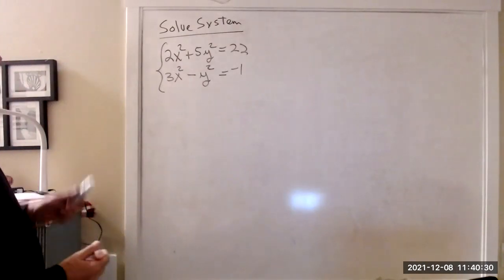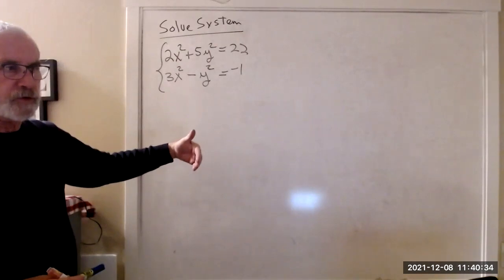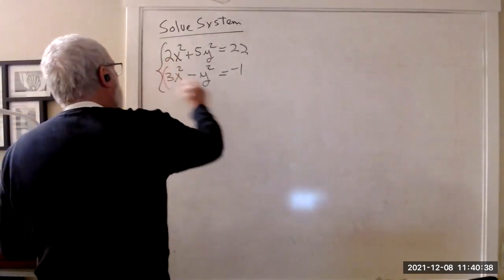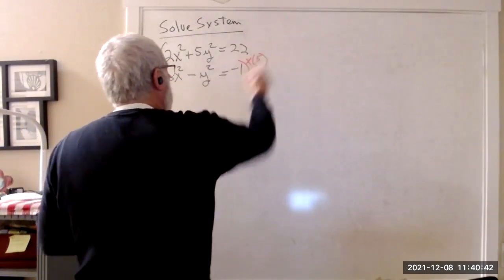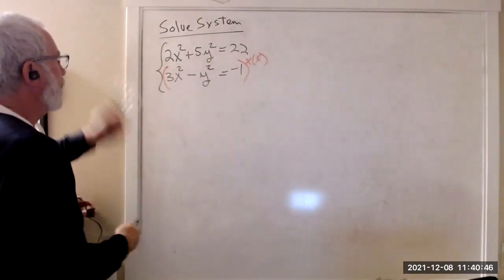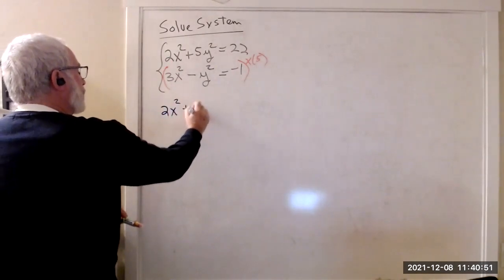Okay, so I'm going to use a different technique. The last problem we did, I used substitution. Okay, this time, remember we talked about how we could multiply an equation by any number we wanted to. I'm going to choose 5. In this case, the top equation is going to stay whatever it was.